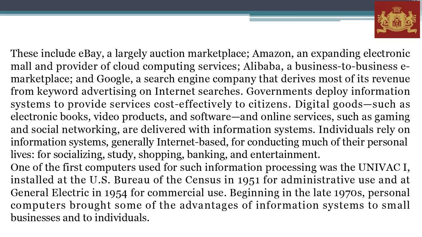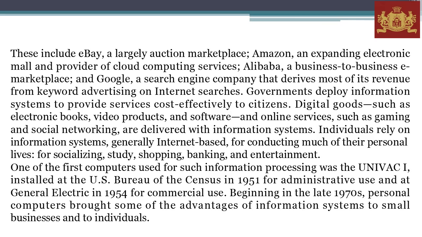Digital goods, such as electronic books, video products, and software, and online services, such as gaming and social networking, are delivered with information systems. Individuals rely on information systems, generally internet-based, for conducting much of their personal lives, for socializing, study, shopping, banking, and entertainment.